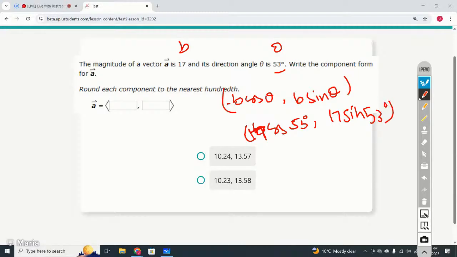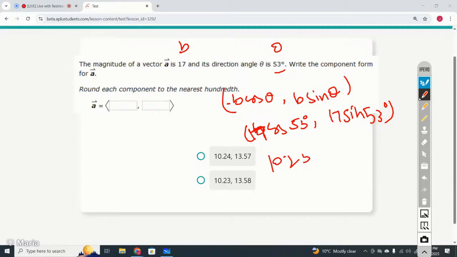Now let's just evaluate. So cos 53 is 0.6018 times 17, that is 10.23.